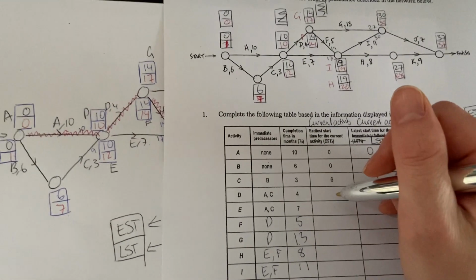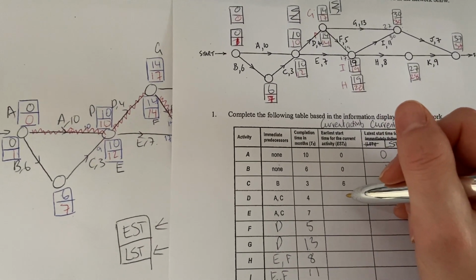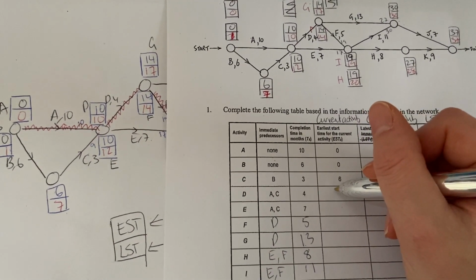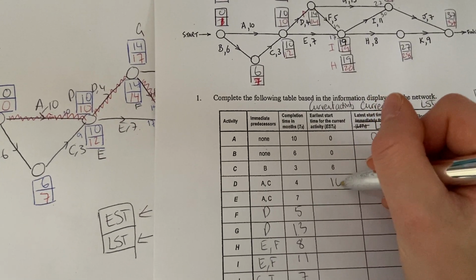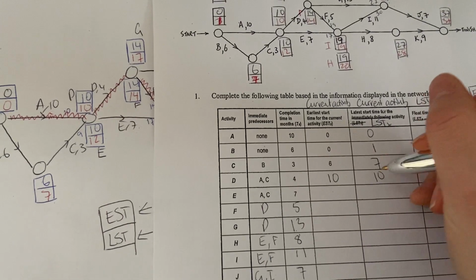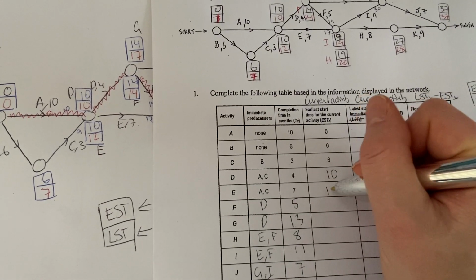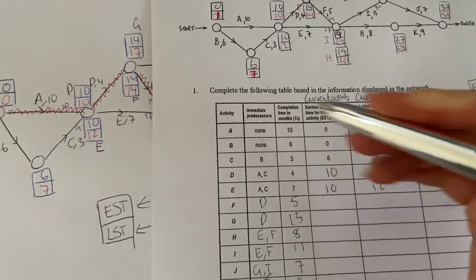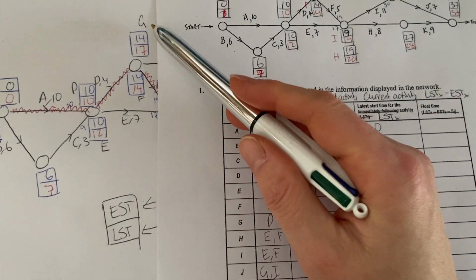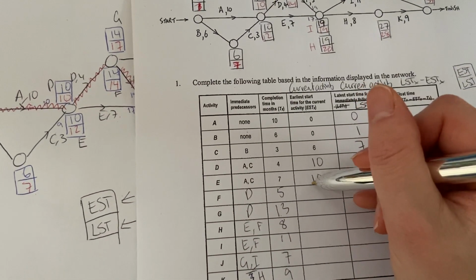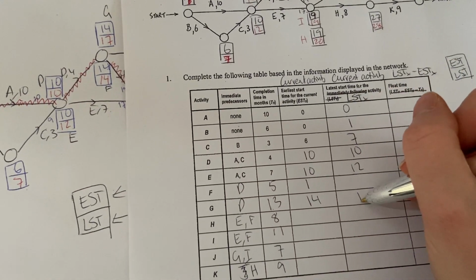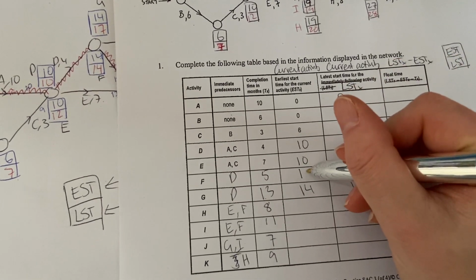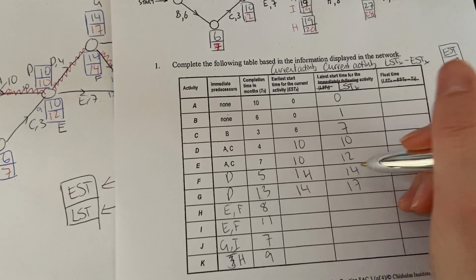You can tear out the SAC and we can staple it together if you find doing things like this a bit easier. D has both the same. So 10, 10. E is 10, 12. So there's E's. G is 14, 17. Be careful to make sure you put it in the right spot. Easy to mess up.